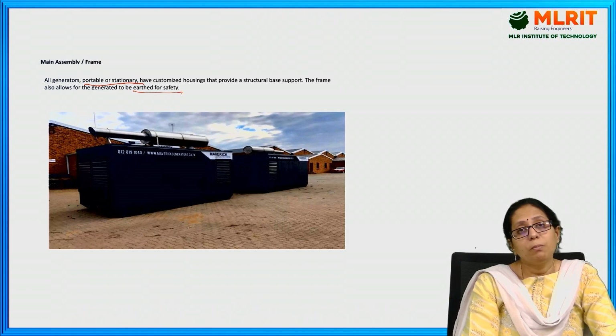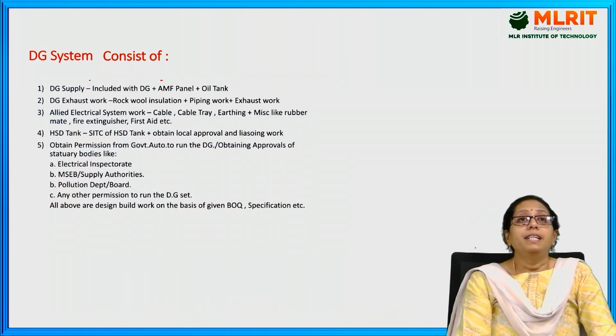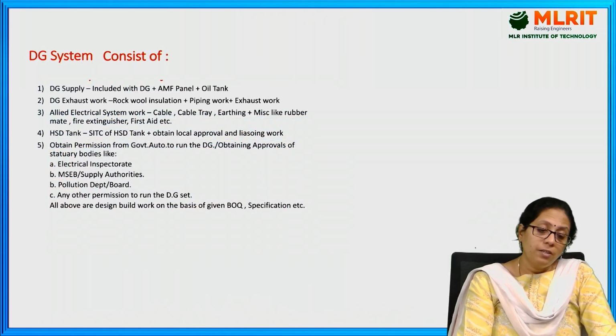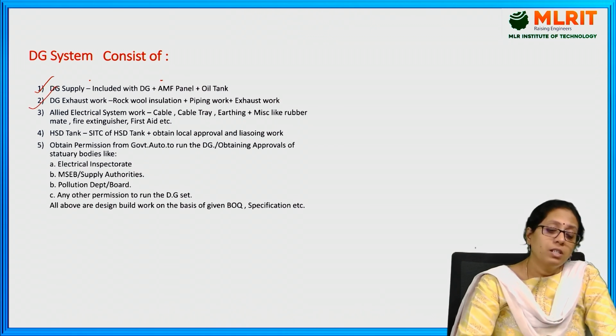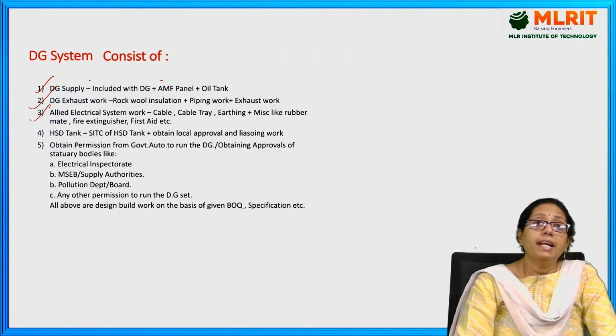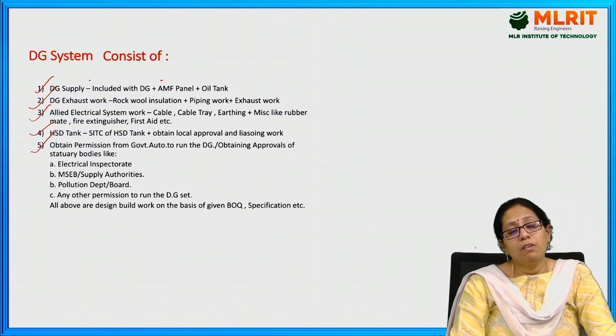For protection purposes, for transportation purposes, or for safety purposes, we need to use this main frame or main assembly for a generator. The DG system consists of different things like DG supply, DG exhaust works, as well as allied electrical systems and HSD tanks, and different permissions from different government organizations need to be taken in order to install a DG system.